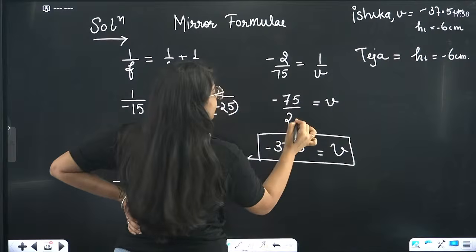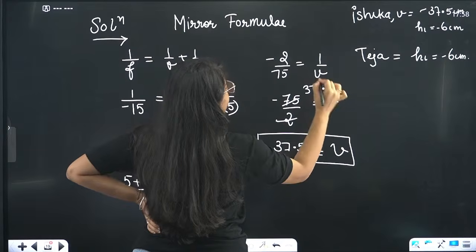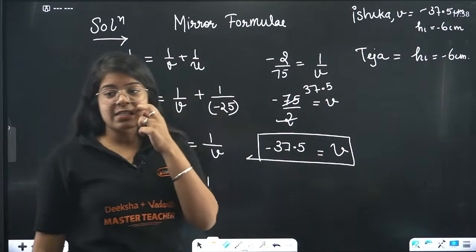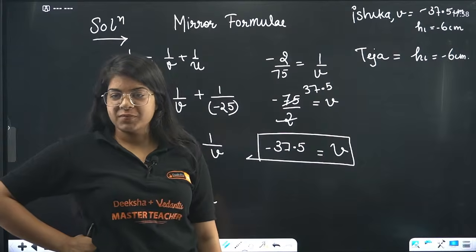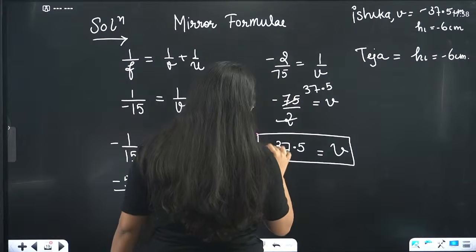If you cut this, 2 3s are 6, 7 14.5. So V is -37.5. Done.